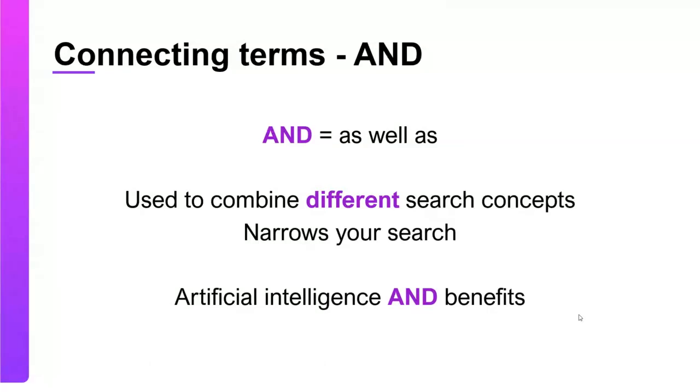Yes, so it also has or and it also has not. So maybe you're looking at artificial intelligence as a whole instead of generative artificial intelligence, and you kept getting generative artificial intelligence pop up, you could say not generative, like you would with a Google search, doing the little dash just to say don't include this.